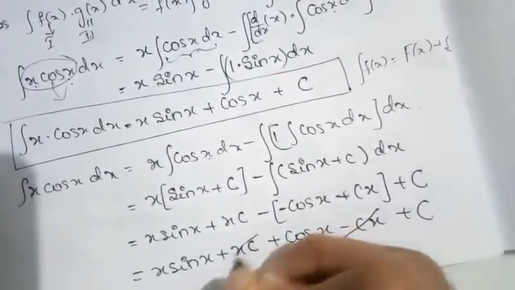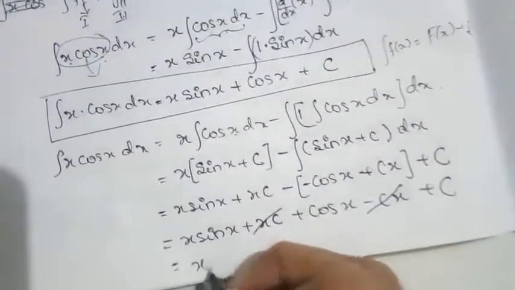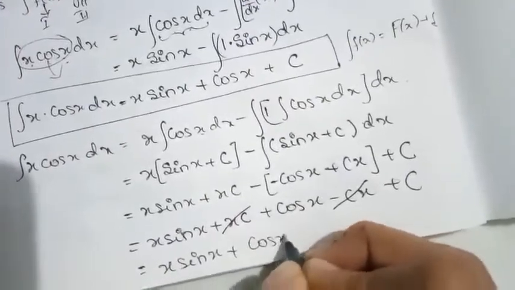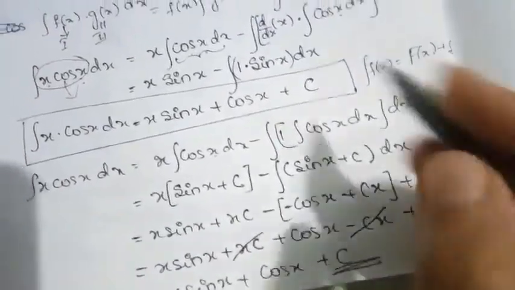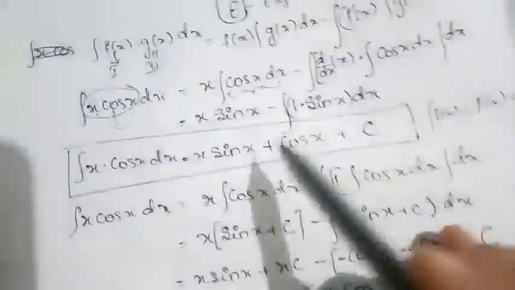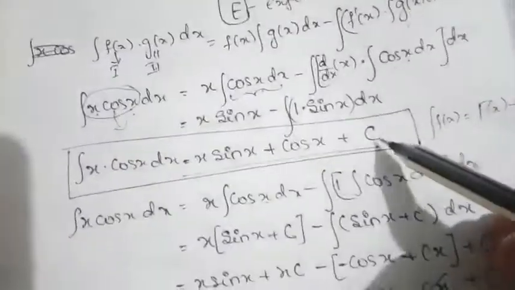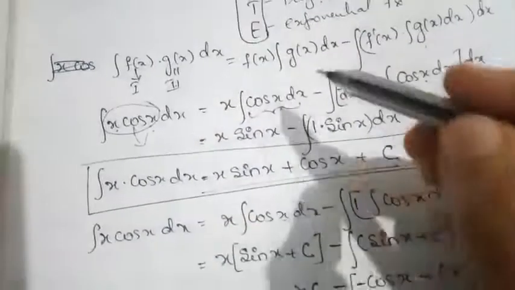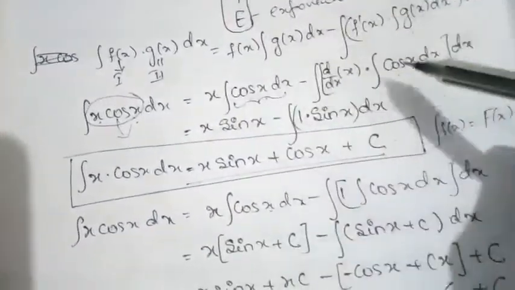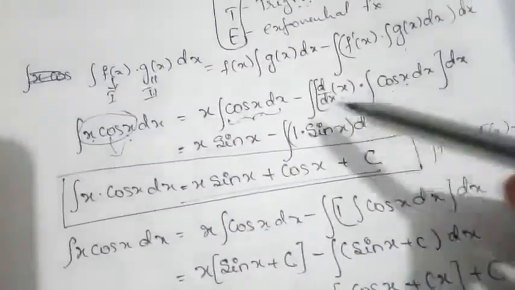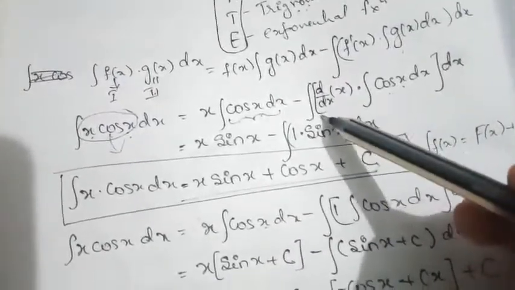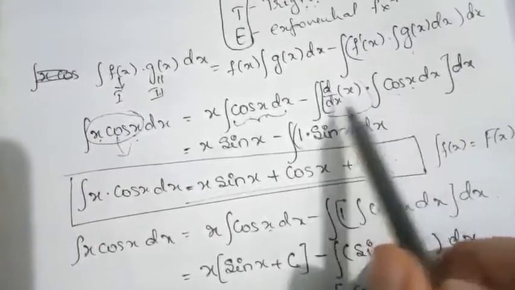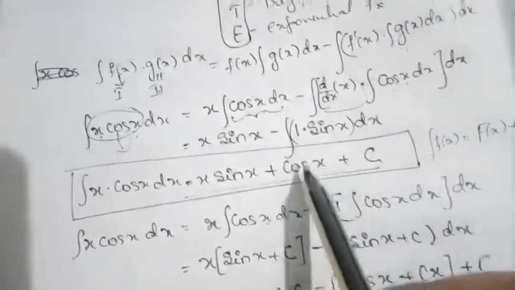Here the cx gets cancelled and finally we are going to get x sin x plus cos x plus c. Whatever way we go, we get the same answer. That is the same answer we got earlier. We integrated the cos x, multiplied it with the differential coefficient of the first function, and again integrated that product and got the integral.